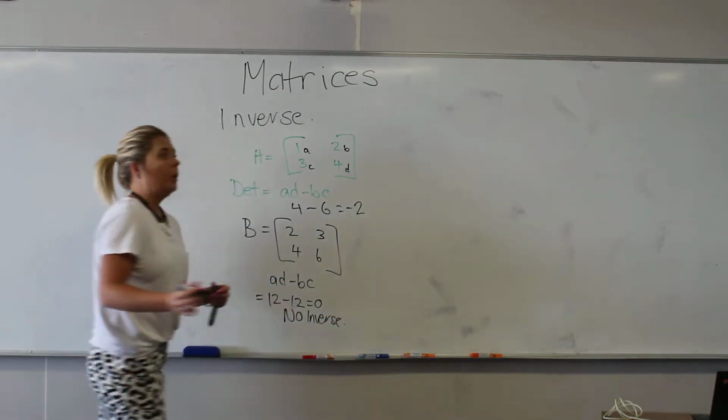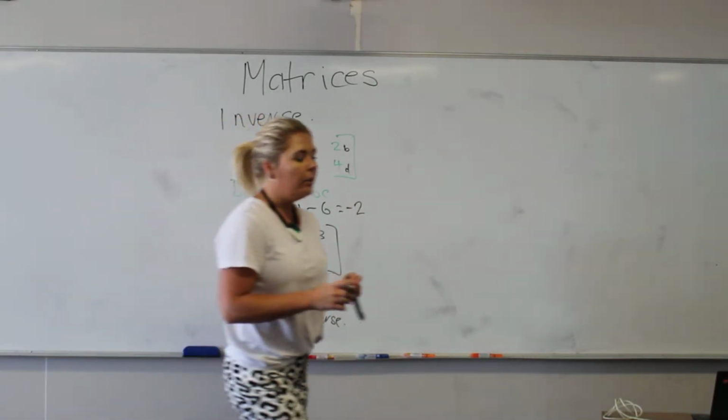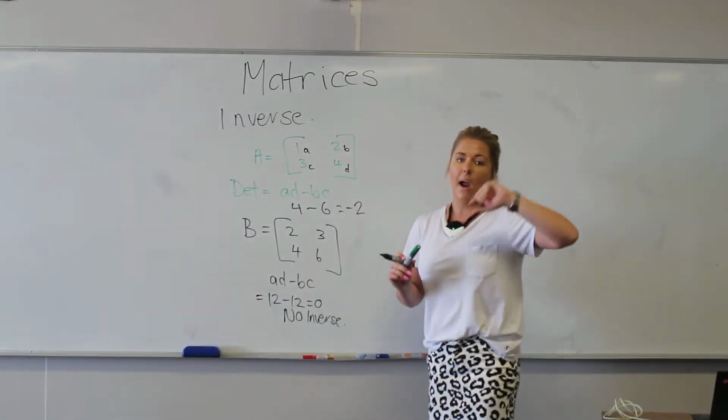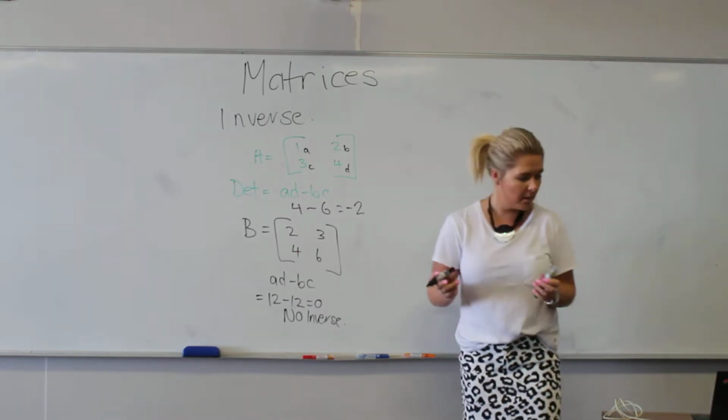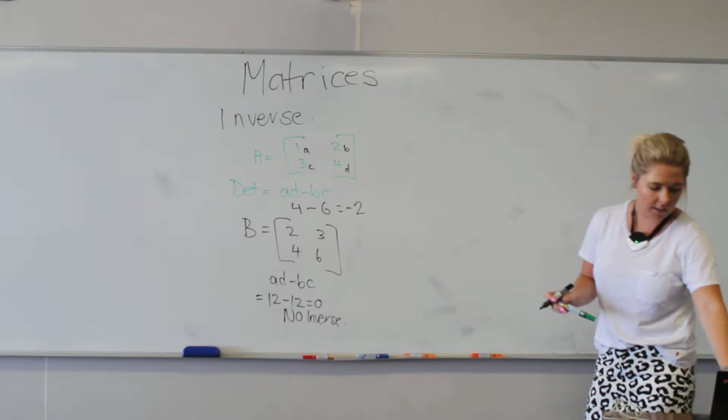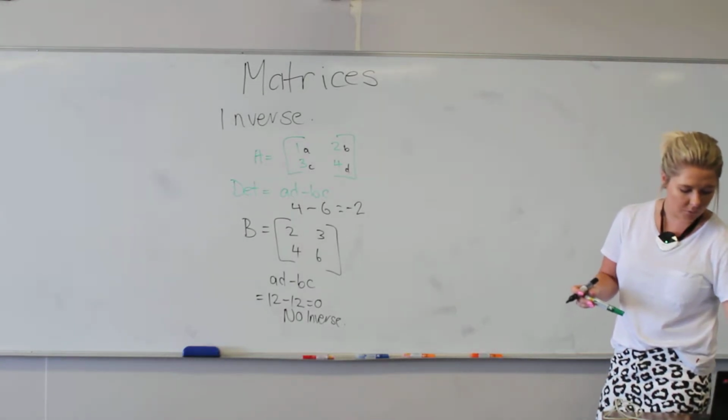Alright. You will be able to do these on your calculator really nicely by doing it to the power of negative 1. Okay? But by hand, they are a little bit tricky and they're a little bit frustrating to do.